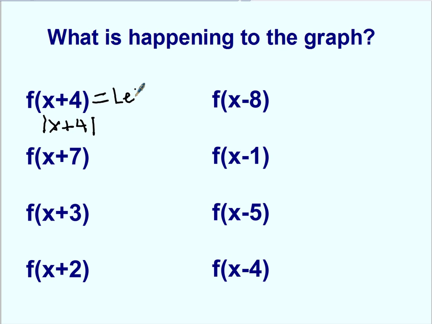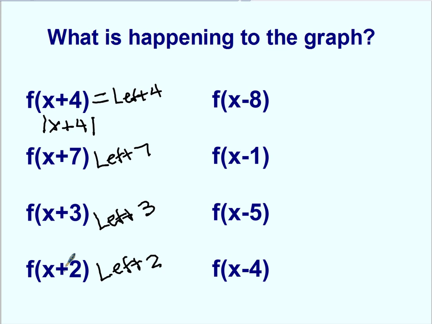This would move us to the left 4 units. How about the x plus 7? To the left 7 units, right? To the left 3 units for x plus 3 inside the function, and to the left 2 units if we're adding 2 inside the function.